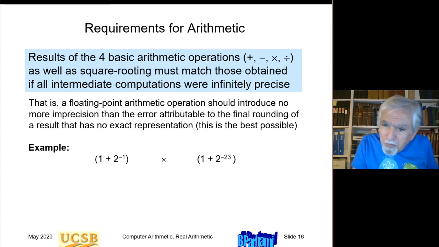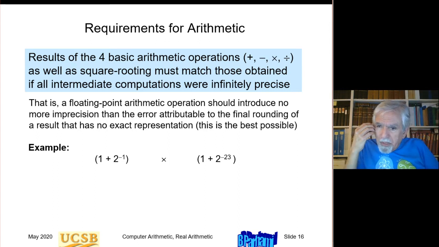So here is an example. Suppose I have two floating point numbers whose significands are 1 plus 2 to the minus 1, so this is 1.1 basically in binary, and 1 plus 2 to the minus 23. That's basically a significand that has the hidden 1, and then the fractional part is 22 zeros followed by a 1. So both of these numbers are exactly representable in the IEEE standard single precision format.